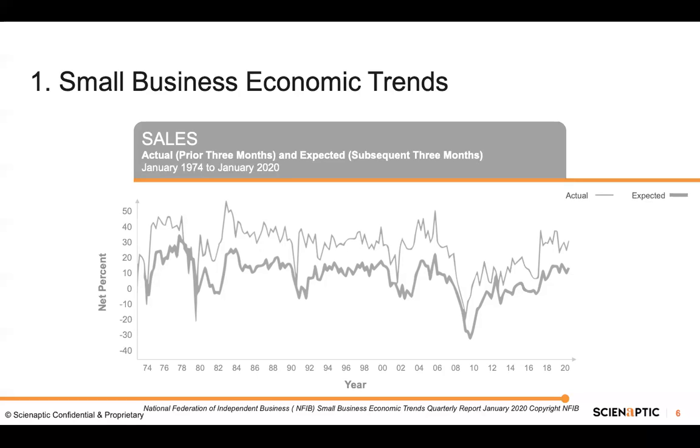Now, of course, the underlying dynamics of job creation and capital spending are all showing positive for all these indicators. So if we summarize for 2020, the small business sector is off to a great start, continuing with the longest economic recovery on record.